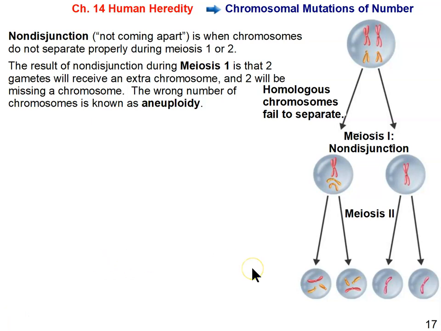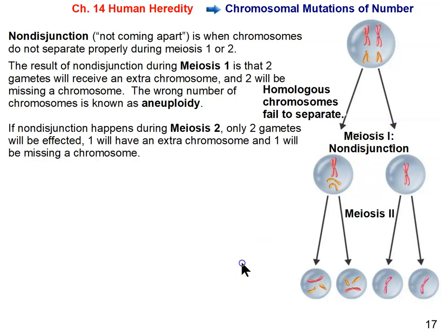But first, let's consider what would happen if non-disjunction happens during meiosis 2. The reason we're looking at only a diagram for meiosis 1 here is because that's the more serious condition. In other words, all 4 gametes are affected if non-disjunction takes place during meiosis 1. If it takes place during meiosis 2, then only 2 of the gametes are going to be affected.